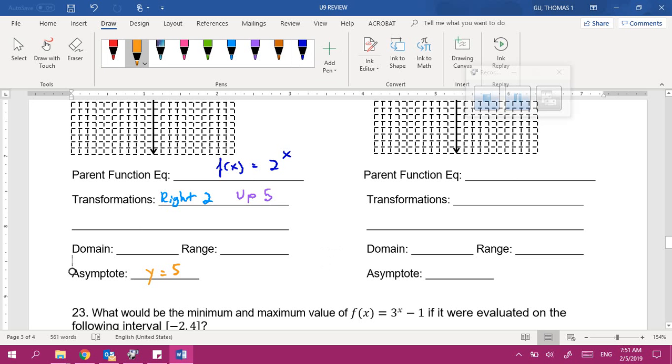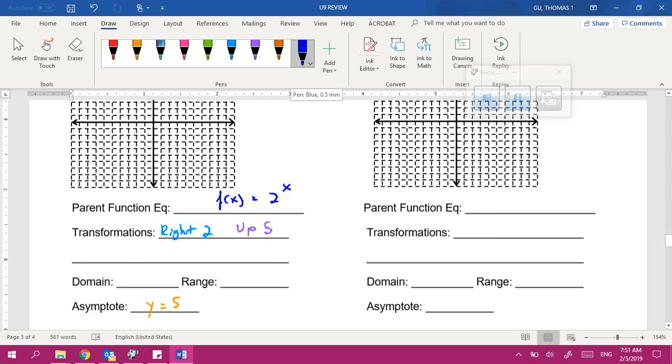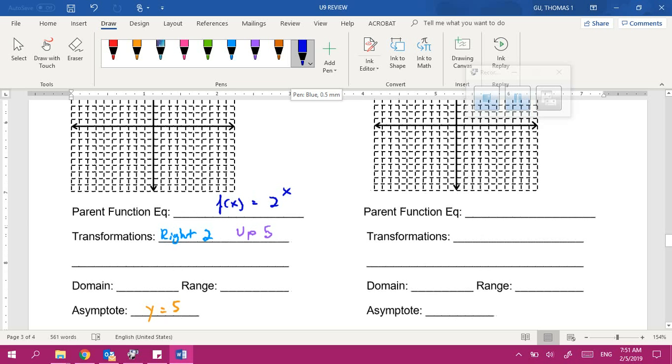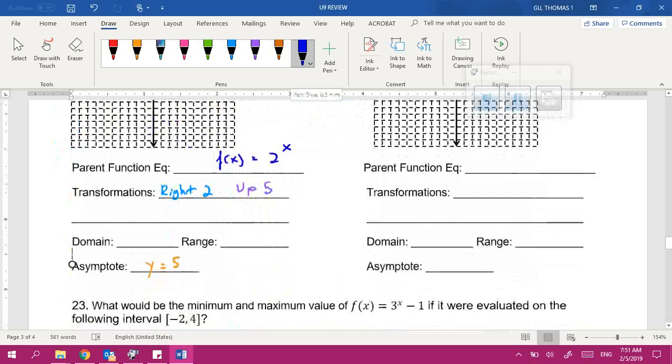And so now let's do the domain and the range. What's the domain here? Oh, wait, that's not big enough to write set builder notation. Okay, well, it's going to be a squeeze. So you got to write it in set builder notation because that's what the question asks for, right? So let's try to fit the whole thing in this blank. Okay, so how do you start set builder?